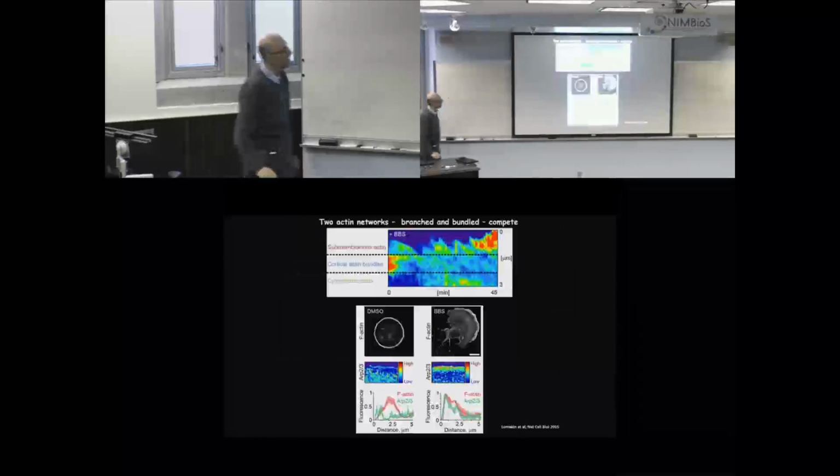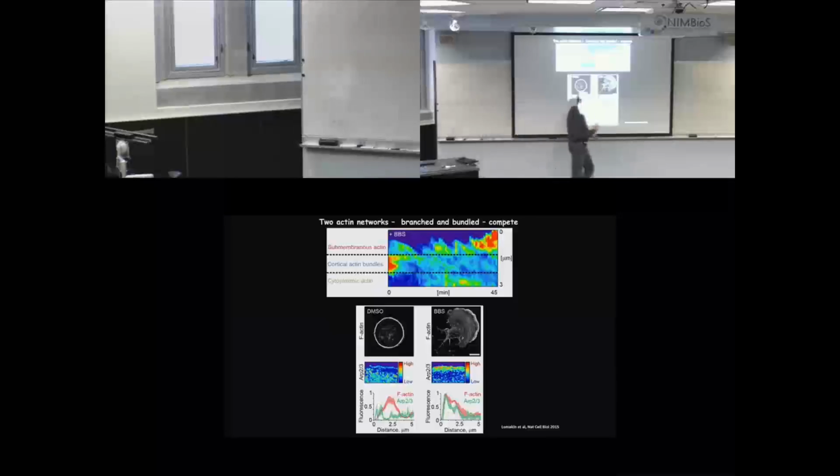So one of the hints to what this mechanism is, is if you look at actin in the process of polarization, when you add blebbistatin inhibiting myosin. Before this inhibition, the region near the leading edge where the actin-myosin bundle is very rich with actin, and there's less actin at the region where dynamic lamellipodia are, and less actin in the middle of the cell.